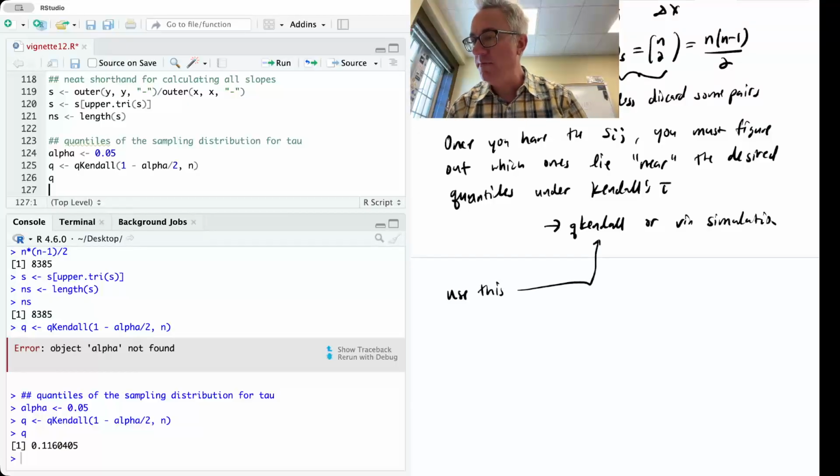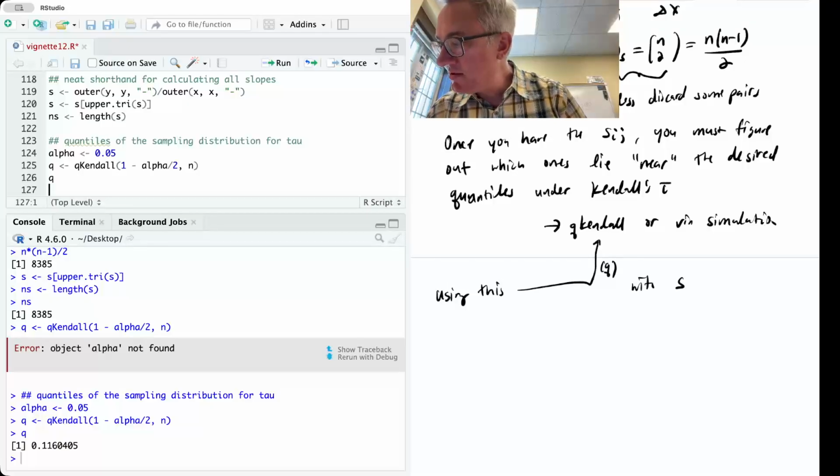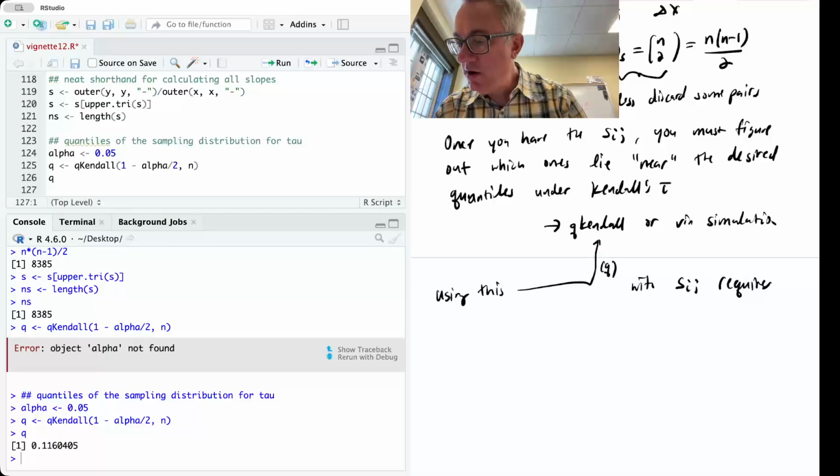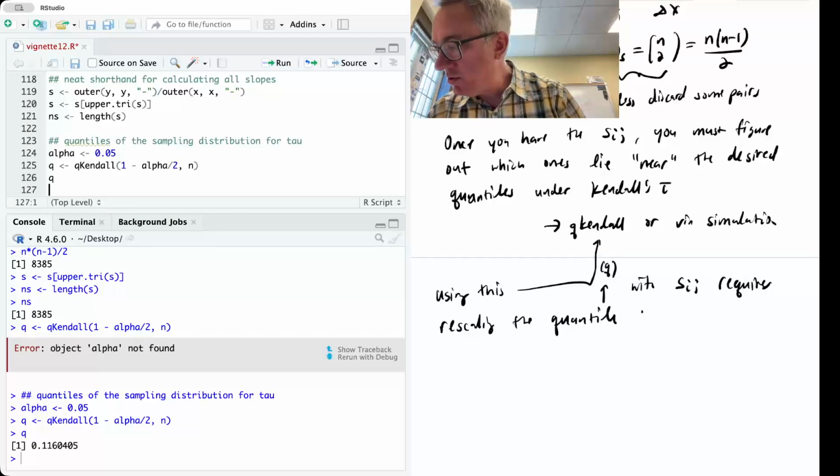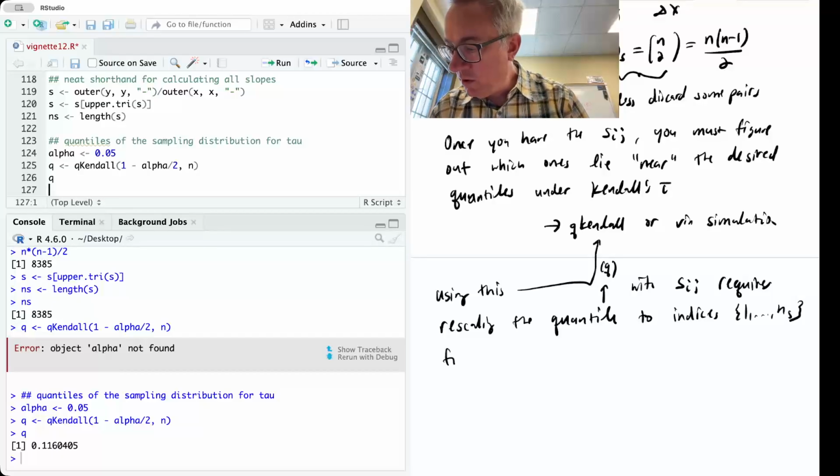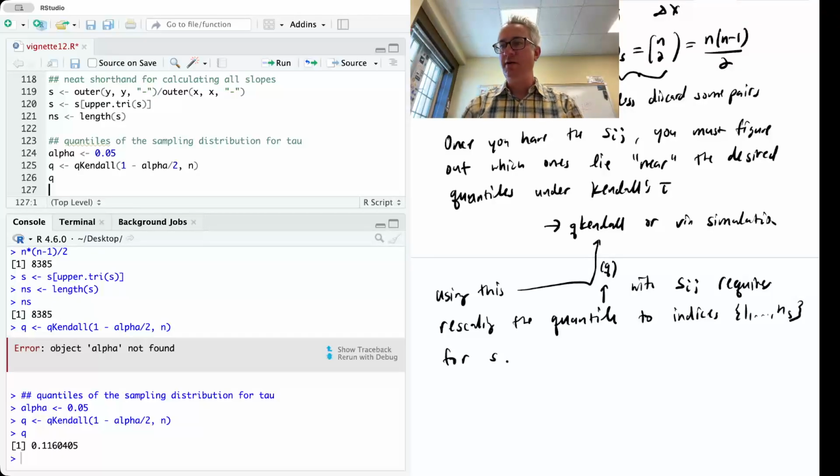So this qKendall output, the q that I just got in the code, using this with the Sij that I calculated earlier requires rescaling the quantile to indices 1 up to ns for S in my vector. So there are several ways that you could do this.